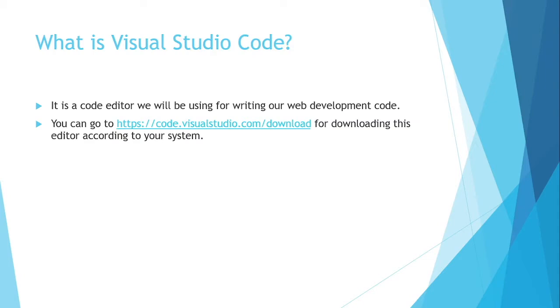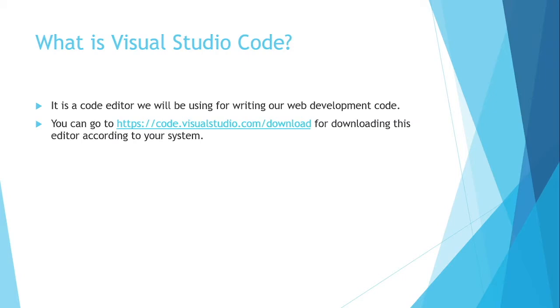Actually, this is a coding editor that we use for web development purposes. Visual Studio Code will be the place where you will be writing all your code. We will be using this coding editor in our React.js series. You can download this software from the official website which is listed here. I'll be doing that practically after finishing this PowerPoint slide.